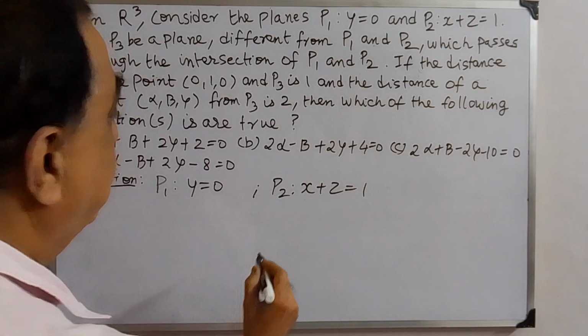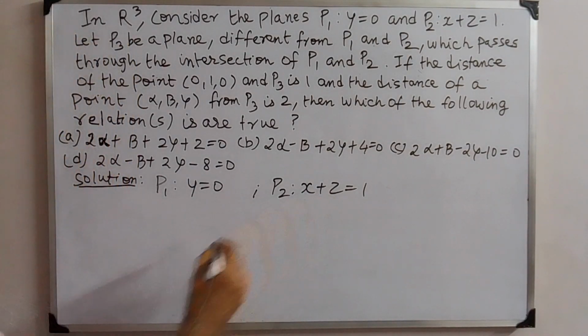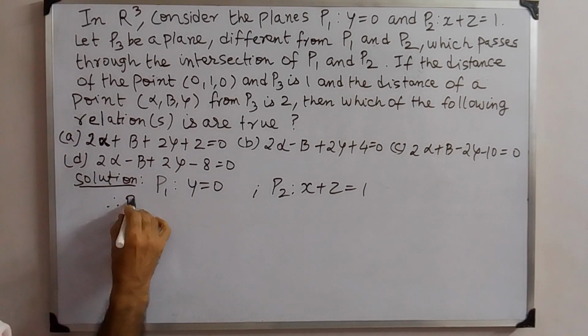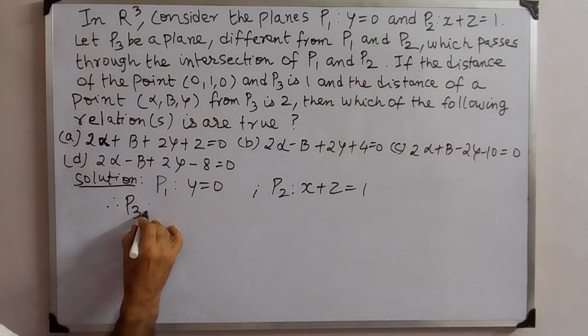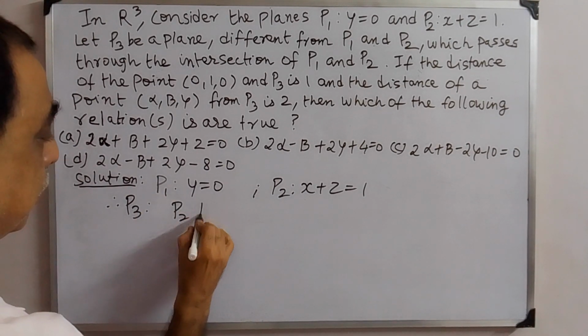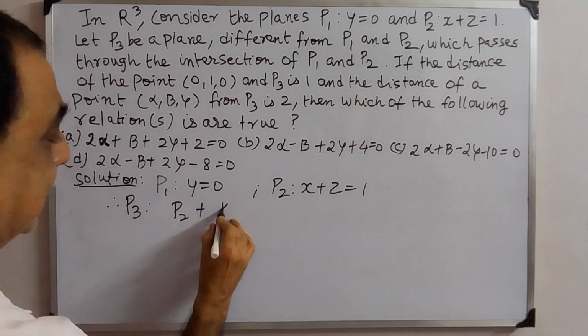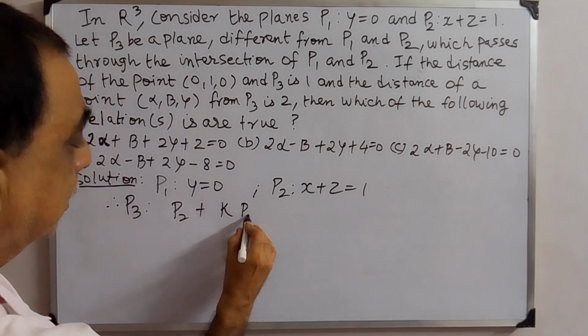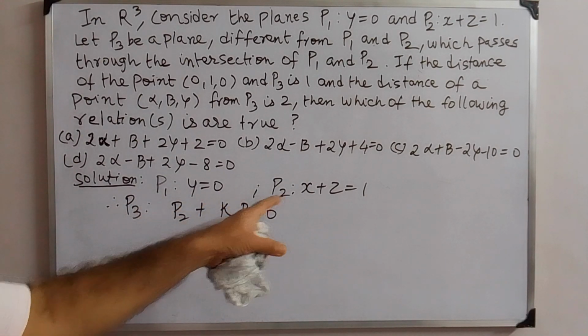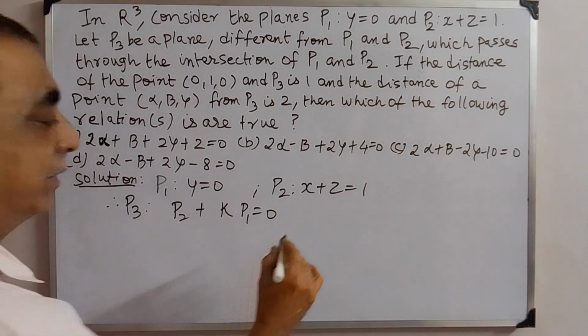So what will be the equation of P3? P3 will be P2 plus k times P1 equals 0. This is the equation of any plane which passes through the intersection of two planes.